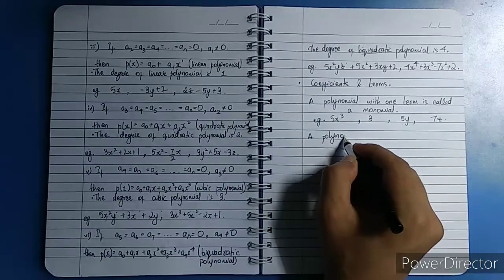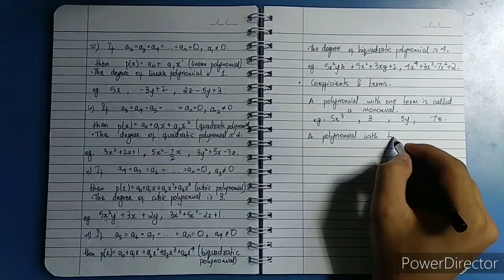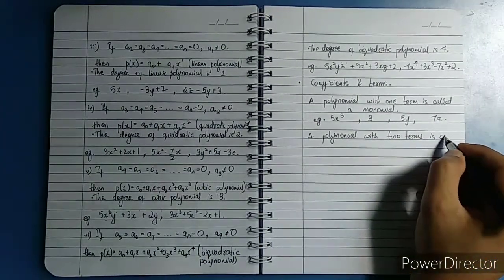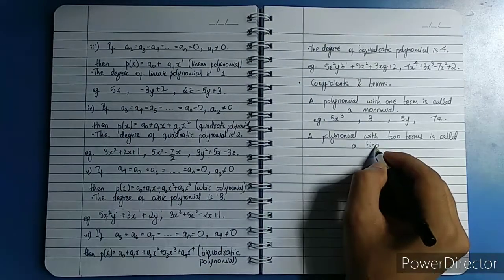A polynomial with two terms is called a binomial.